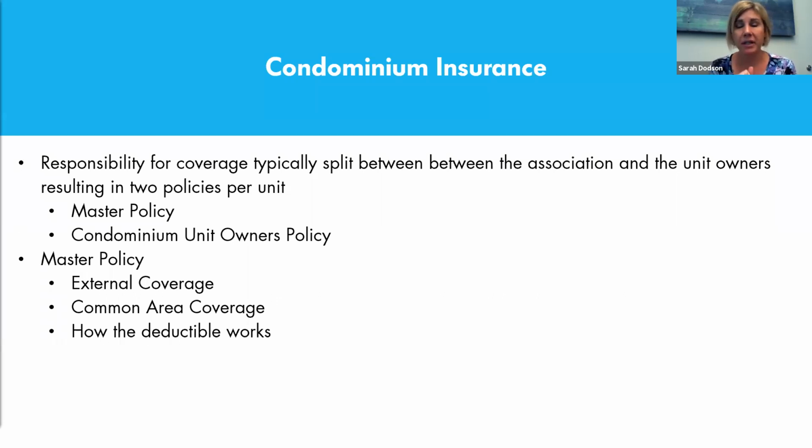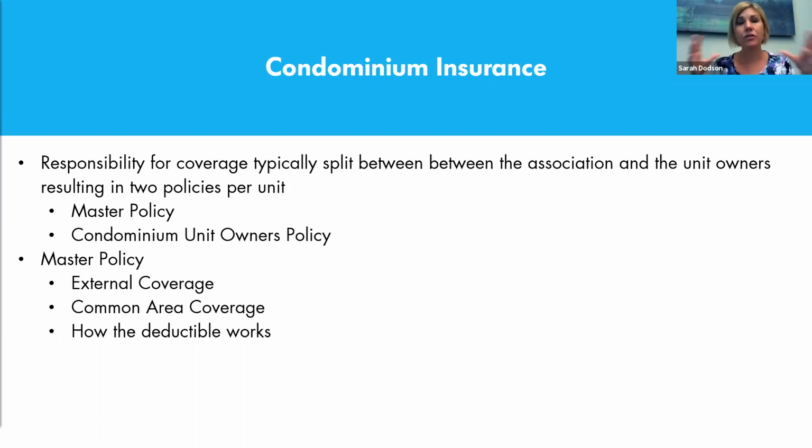So I'm going to touch on the master policy for a condo first. The master policy provides property damage and liability coverage for the residential condo building and its common areas. Examples include condo buildings, co-op buildings, and some home communities that have what are called single family condos.